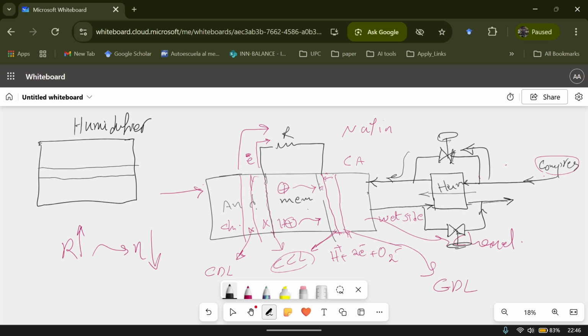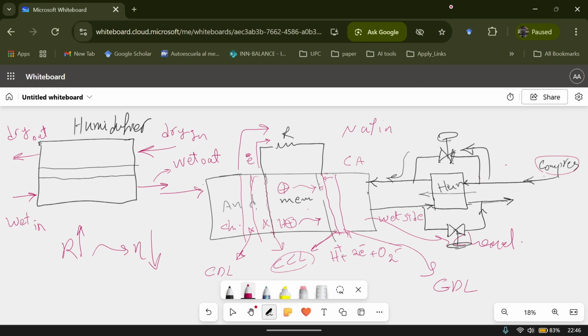So let's say the air from the compressor enters here and exits here. The air from the stack enters here and exits here. If we call it dry in, dry out, then this is wet in, and this one is wet out.